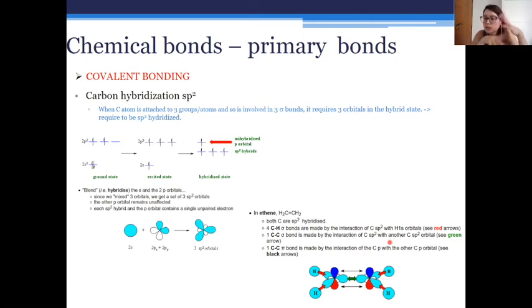So as you can see, depending on the kind of bond and the kind of sharing of electrons, it enables the lower energy state for the molecule created. Either we will find carbon in sp3 or sp2 hybridization, specifically for carbon, but we can also find other kinds of atoms that undergo such reorganization of their orbitals.